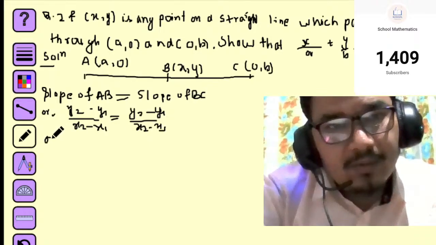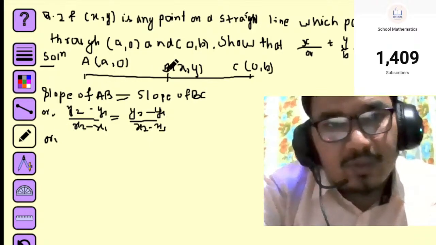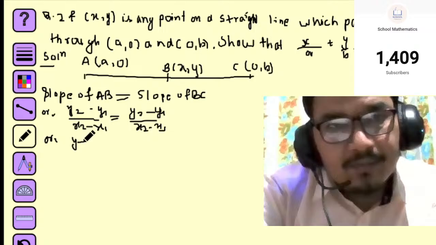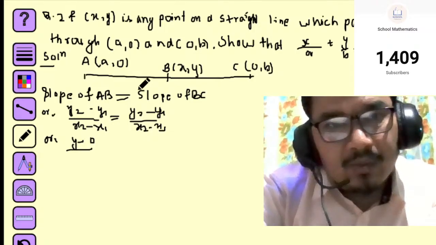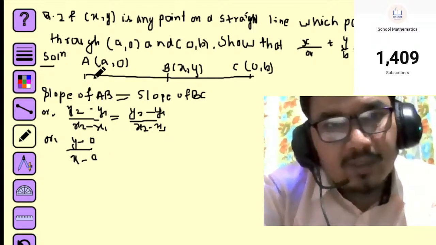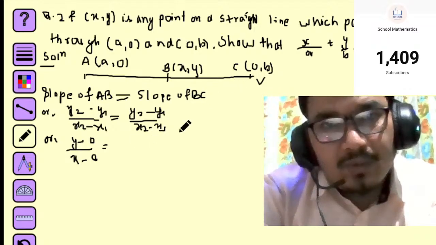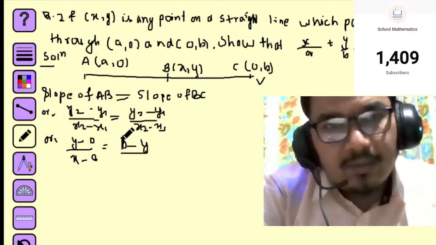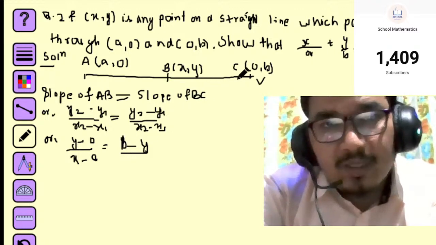Now let's put the values here. As I told, we take the second coordinate as x2, y2 and the first coordinate as x1, y1. Then y2 is y minus 0, and down there is x minus a, because x1 is a. For the other side, y2 is b, so it is b minus y, and 0 minus x.